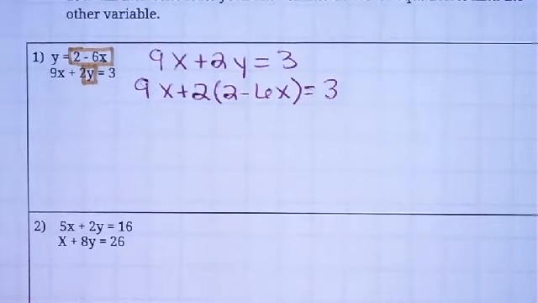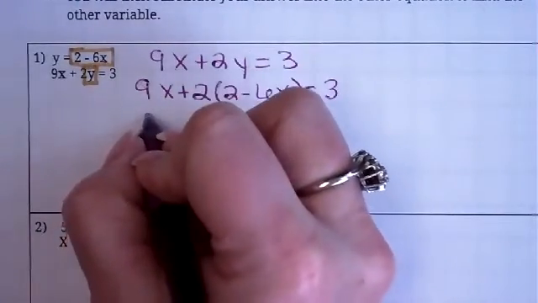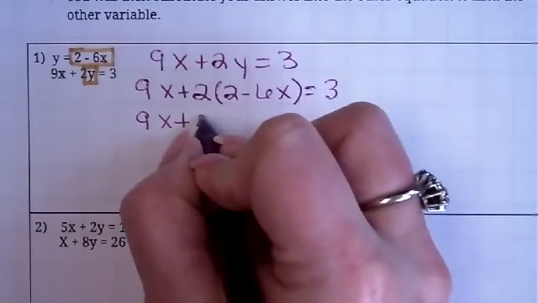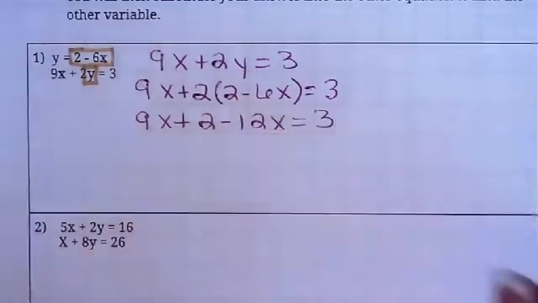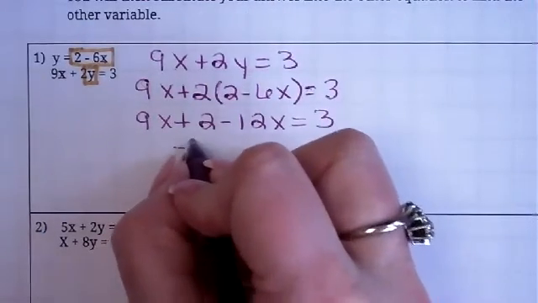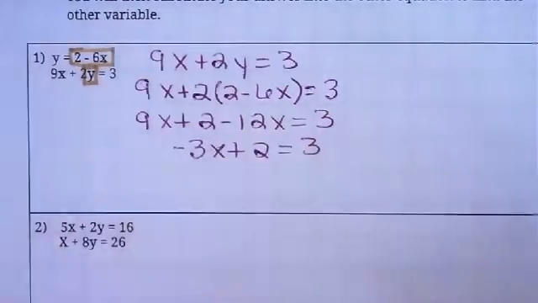So that's what I'm going to do. I'm going to solve this right here for x. So I've got 9x plus, do your distributive property right here, 2 minus 12x equal to 3. Combining my like terms, negative 3x plus 2 equal to 3.